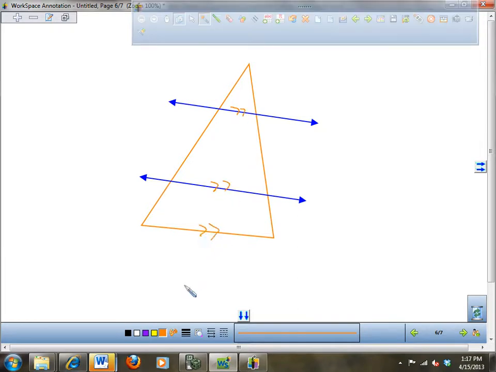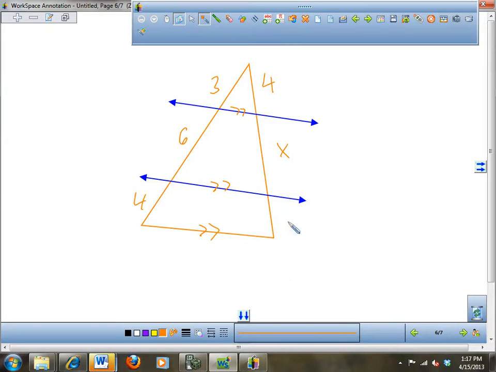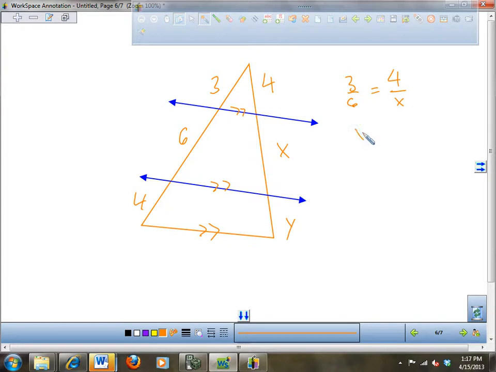Say this is 3 and this is 6, and this is 4. And this is 4, and this is X, and this is Y. You can find all those things by saying 3 is to 6 as 4 is to X. So X would have to be 8.